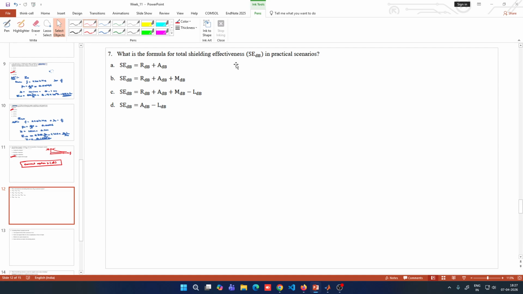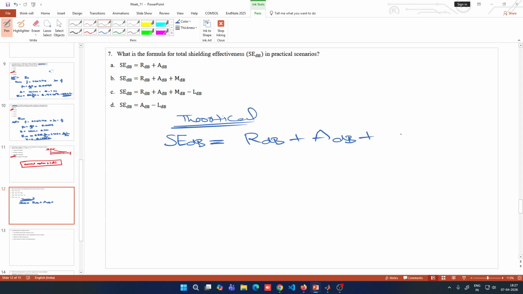What is the formula for total effective shielding in practical scenarios? Theoretically, what we have seen is the shielding efficiency in dB for the theoretical analysis that the professor has done in the lectures. We have used it only depends on RdB, reflection, absorption, and MdB.